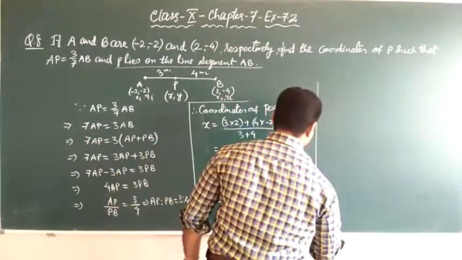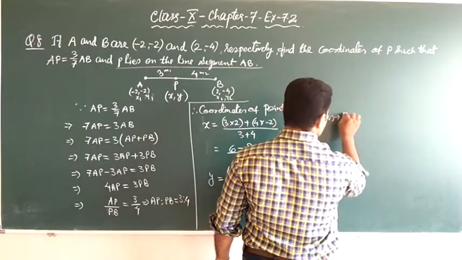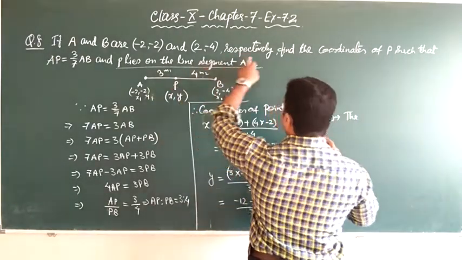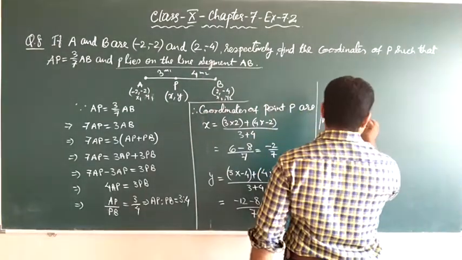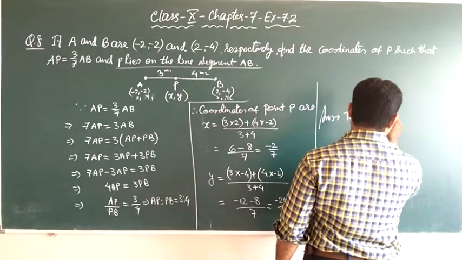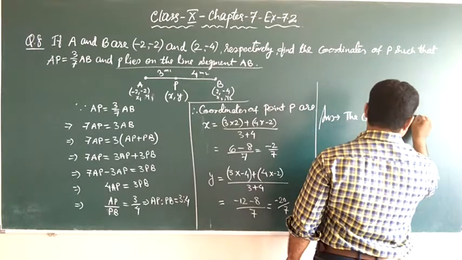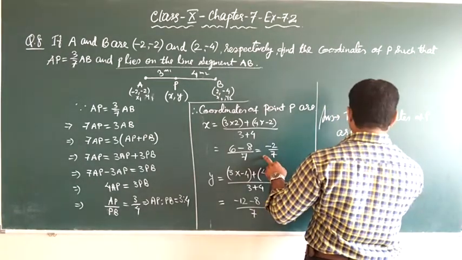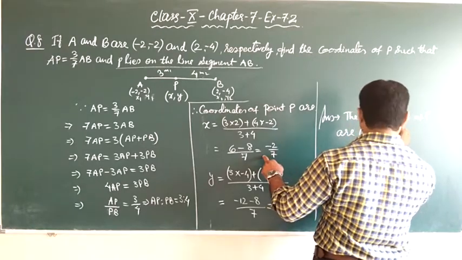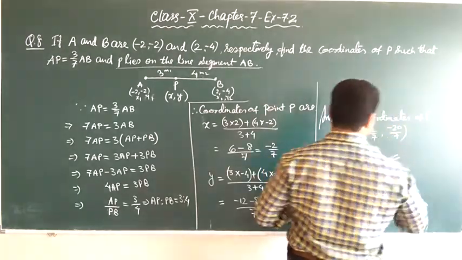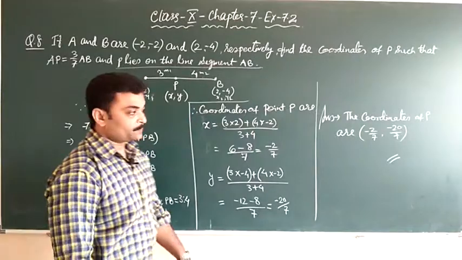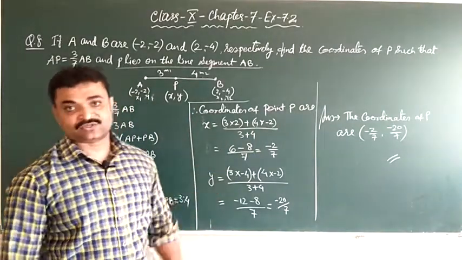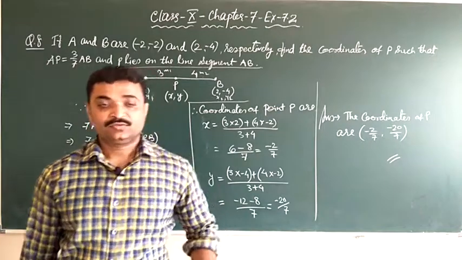So our answer is, the coordinates of P are -2/7 and -20/7. Clear? So in this way you can do this type of questions. Clear? So note it down.